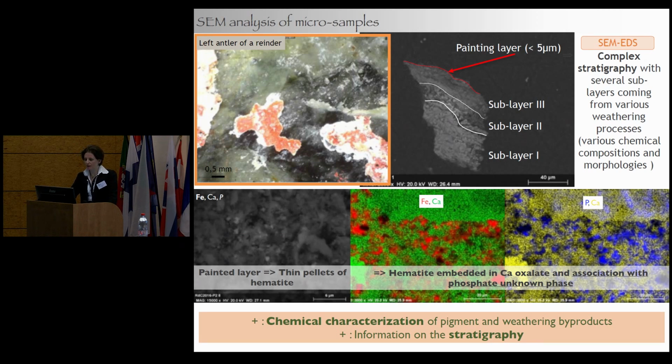First by scanning electron microscopy, which reveals the hematite embedded in the calcium oxalate and also associated with phosphate. And we focus on phosphate to be sure whether it's coming from the environment or from the preparation, as a marker, a clue of preparation.